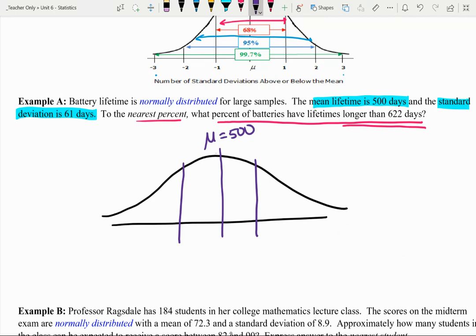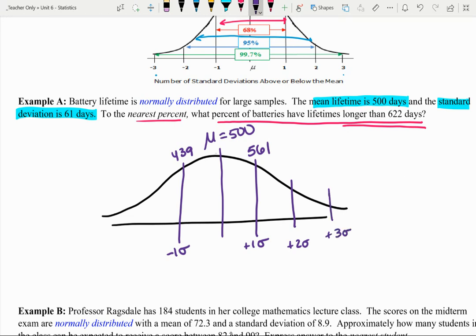So 500 plus 61 is 561. That's plus one standard deviation. Minus one standard deviation would be 439. And then we'll just keep doing that. We'll add two standard deviations, and then three standard deviations.